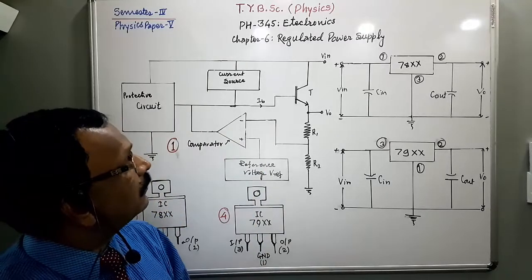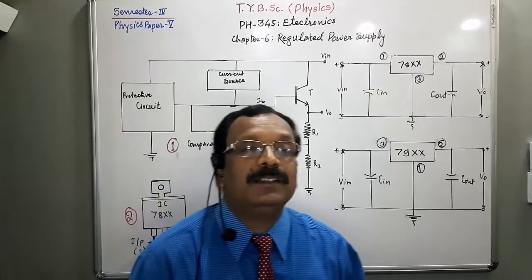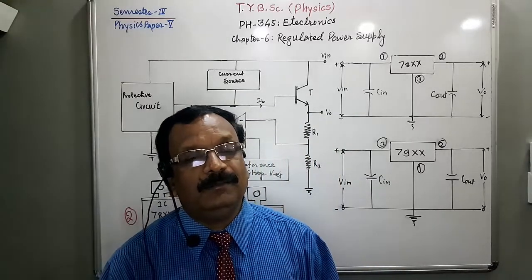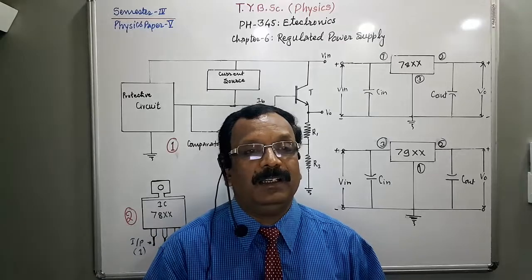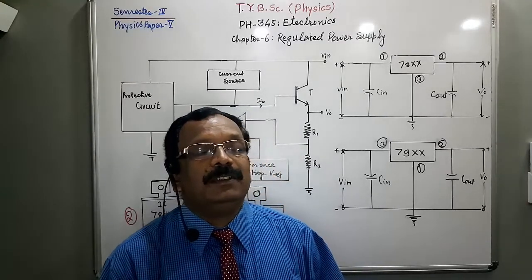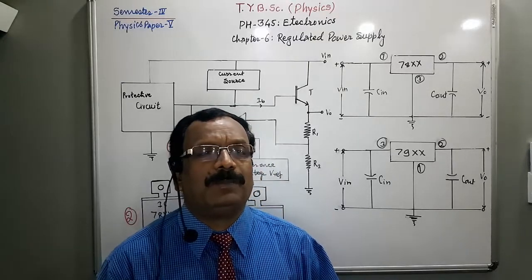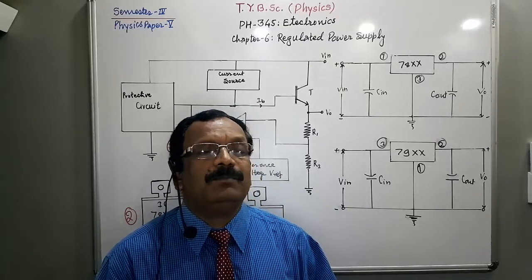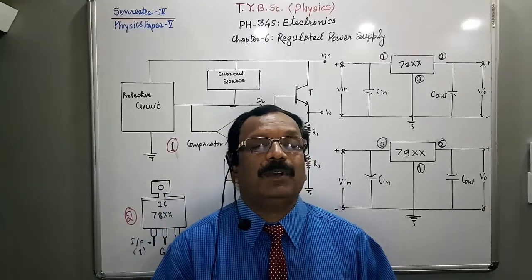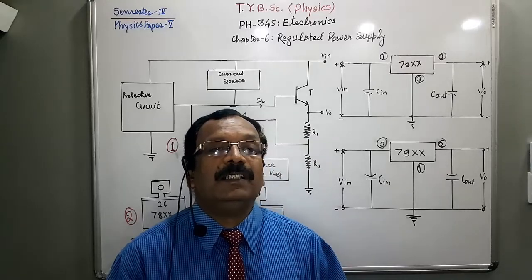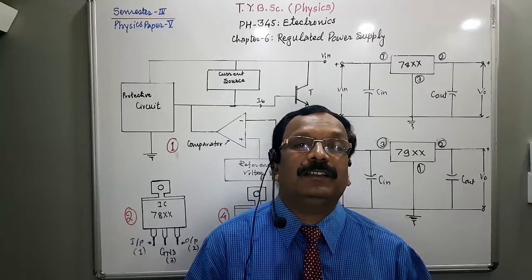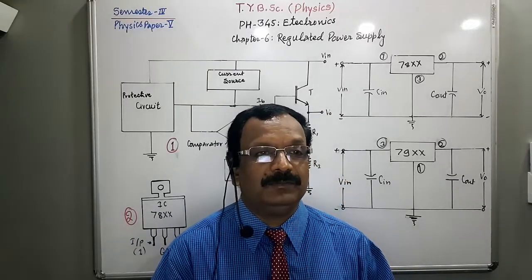Before studying the regulated power supply, we should know what a power supply is, what the parts of a power supply are, and what the function of a power supply is. There is a very simple definition. A power supply is an electronic circuit which converts AC voltage of the main supply into DC voltage.